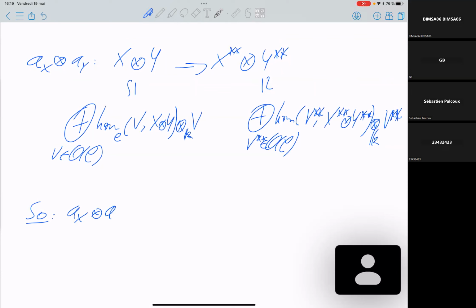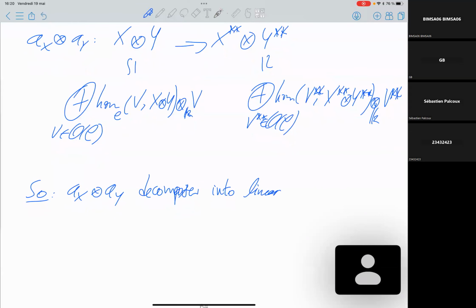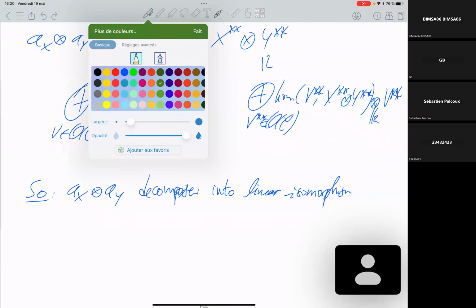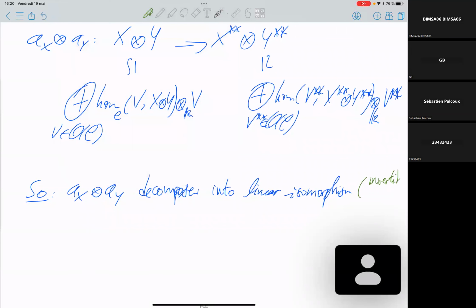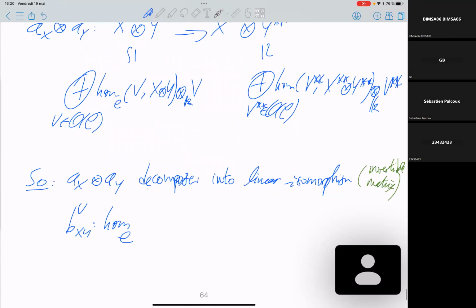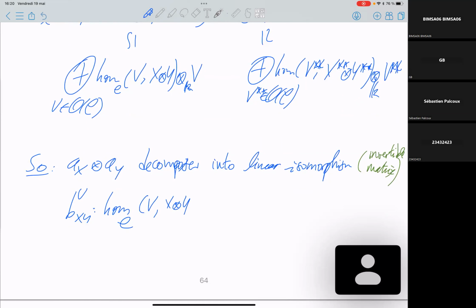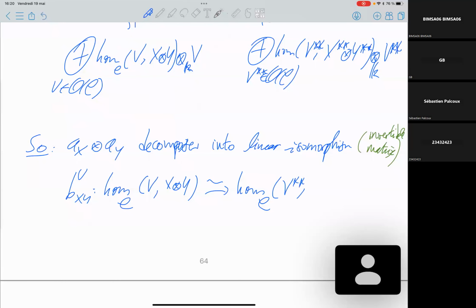So a_X tensor a_Y decomposes into a linear isomorphism, or if you prefer, an invertible matrix, denoted like that, B_{X,Y,V}, from the Hom space Hom(V, X tensor Y) to the Hom space Hom(V, X double star tensor Y double star).